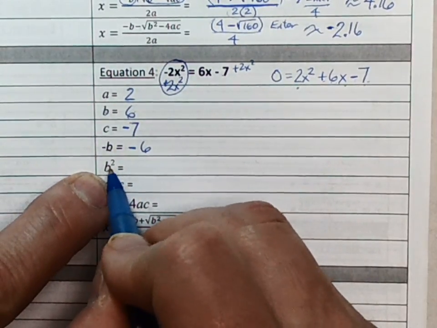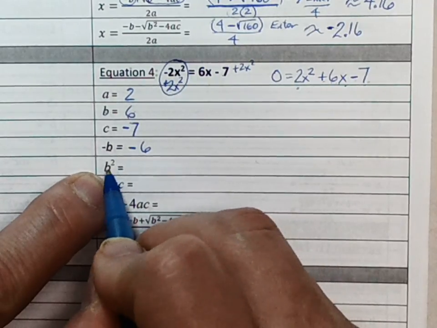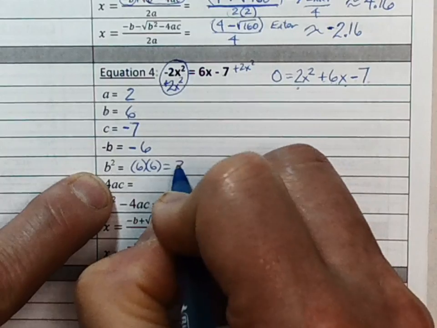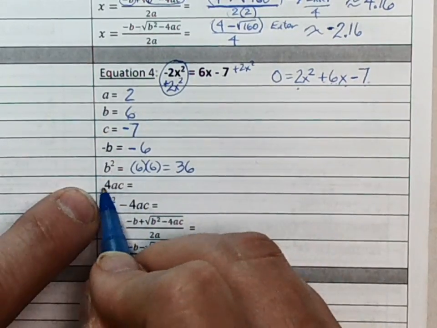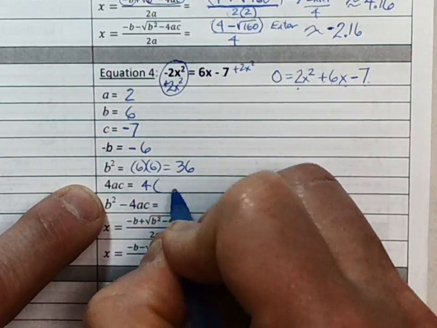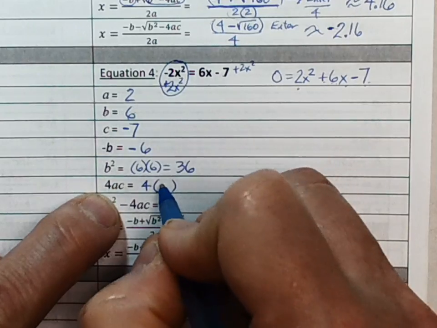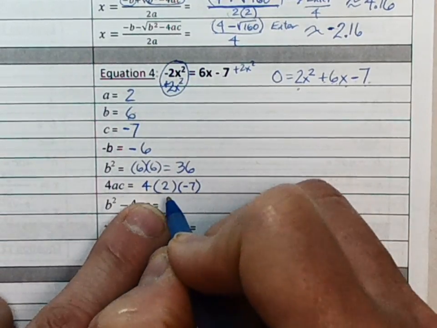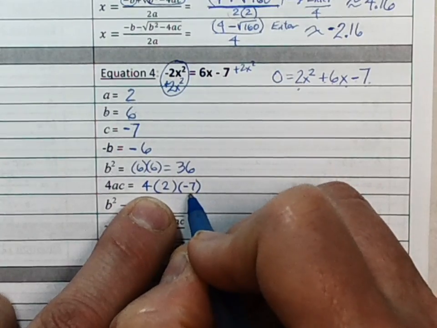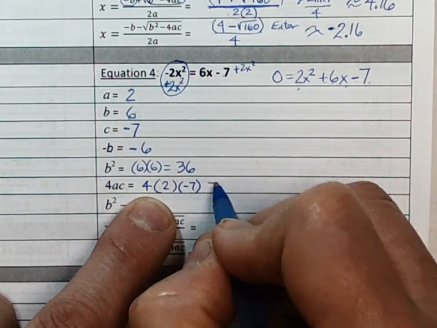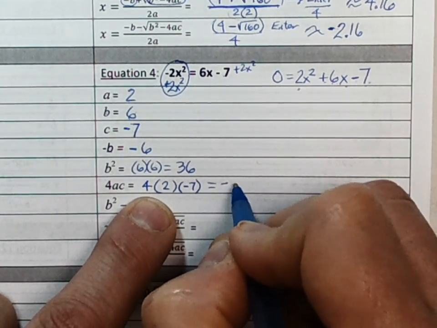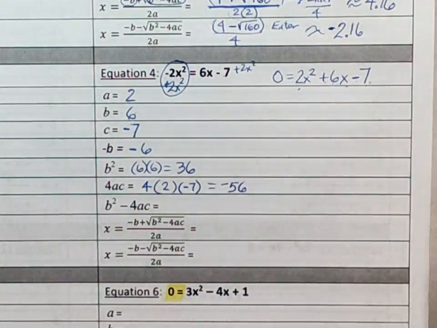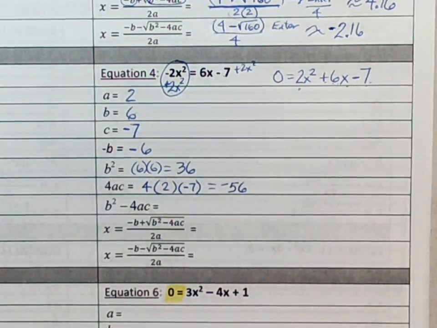Remember, B squared is always positive, so this answer will be positive. 6 times 6 is 36. Then 4 times A times C. 4 is always there. A is 2, and C is a negative 7. So that's 8 times a negative 7, which is a negative 56.